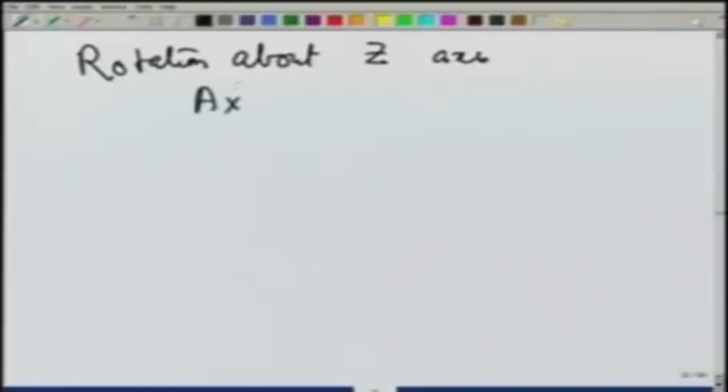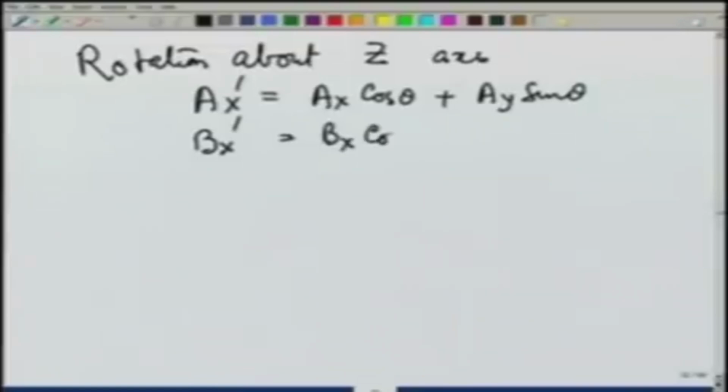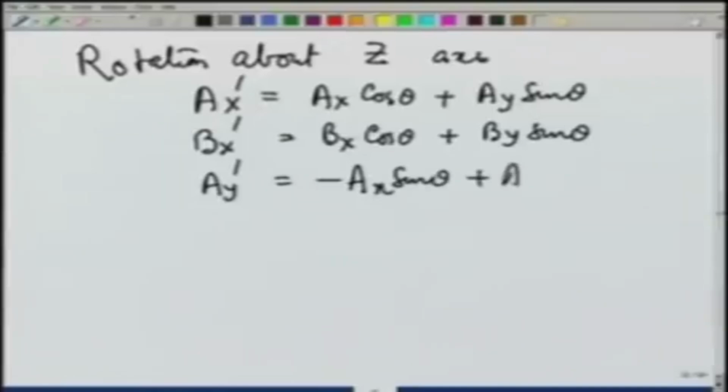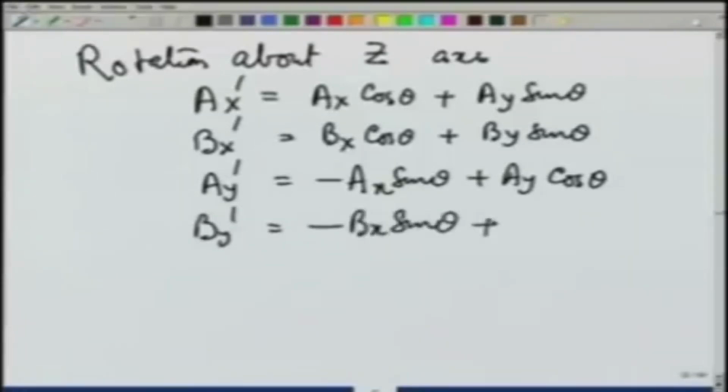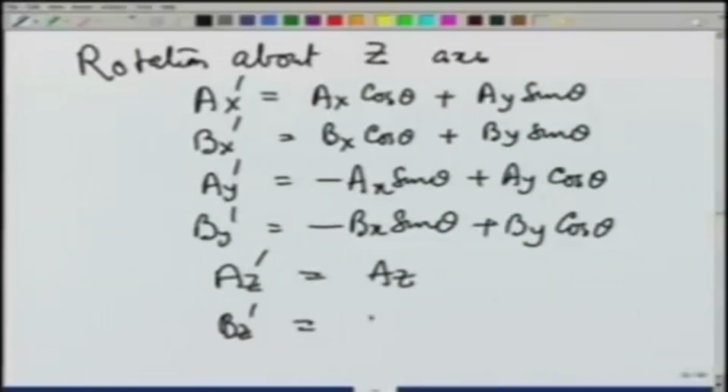In that case, a_x prime would be equal to a_x cosine theta plus a_y sin theta, b_x prime would be similarly b_x cosine theta plus b_y sin theta, a_y prime would be minus a_x sin theta plus a_y cosine theta, b_y prime would be equal to minus b_x sin theta plus b_y cosine theta. a_z prime would be the same as a_z, because the z axis is not changing, I am rotating about the z axis. b_z prime would be the same as b_z.